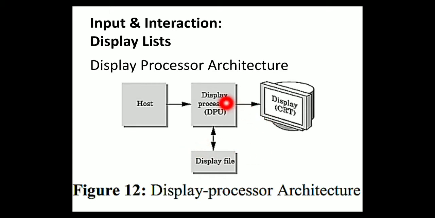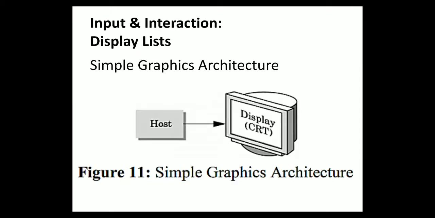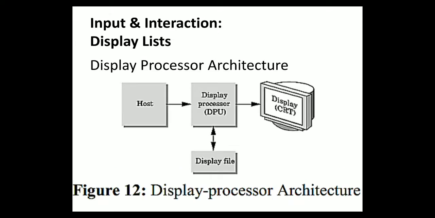So the display processor allocated a memory for the display file as well to store the graphics to be displayed on the monitors. This architecture has overcome the disadvantage of the previous architecture, where everything was in the host itself. So now the burden on the host system has been reduced due to the introduction of the display processor.